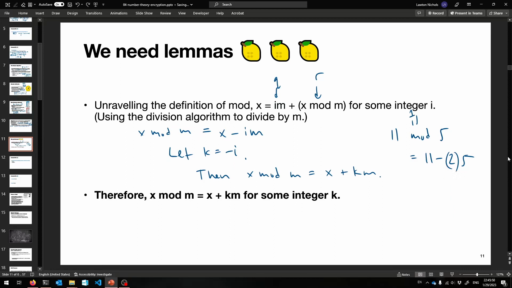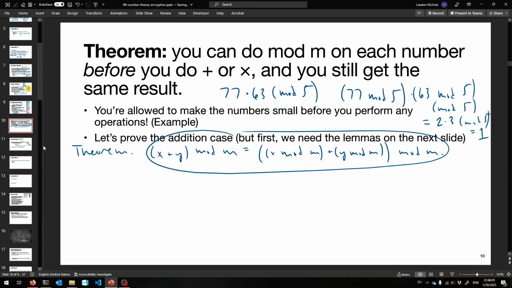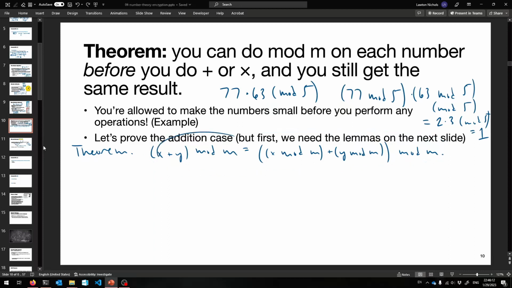And this fact that I know this is true for some integer k, that I can find it if I need it, actually makes a very powerful tool for this theorem, believe it or not. Let's use it now. If I know this is all true, or this is what I'd like to be true, let's figure out what's going to happen. I'm trying to prove that this side is equal to this side, and I'm doing a bunch of mods in the process.